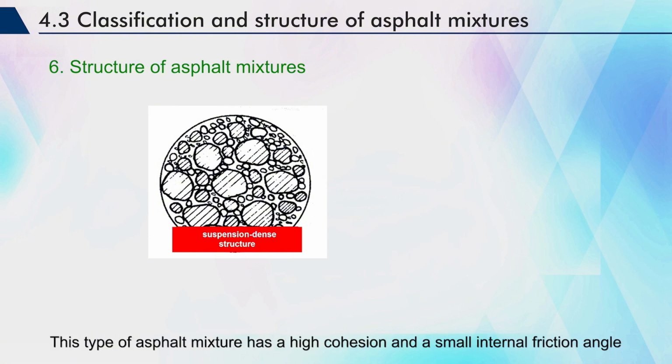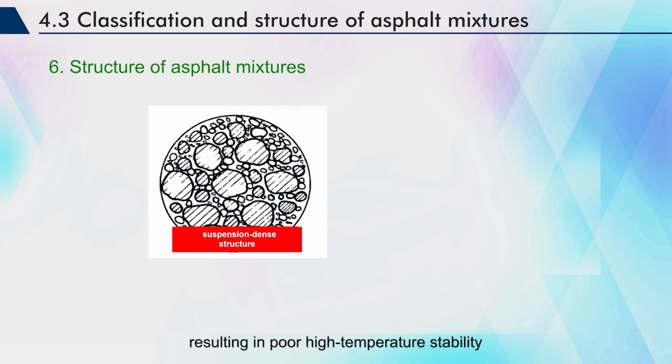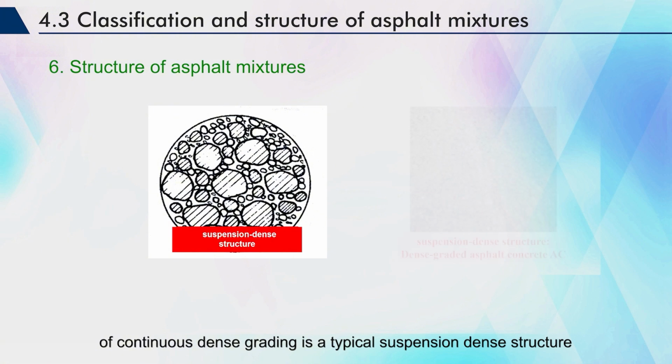This type of asphalt mixture has a high cohesion and a small internal friction angle, resulting in poor high temperature stability. The asphalt mixture, designed according to the principle of continuous dense grading, is a typical suspension dense structure.